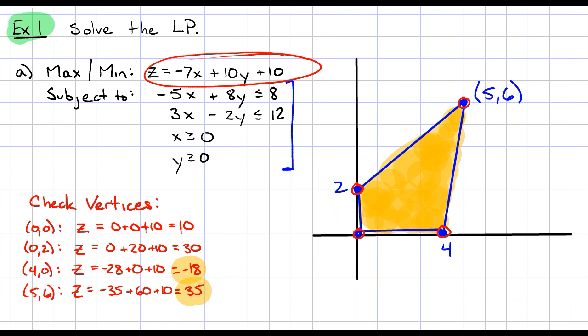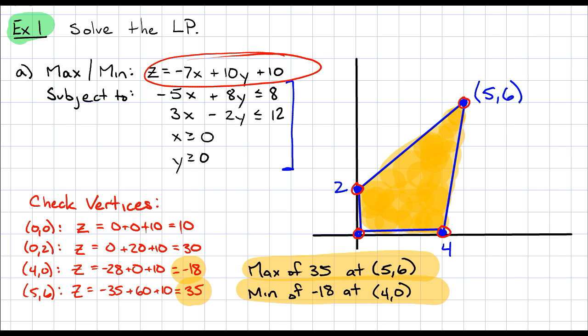So my answer here is: I have a maximum of 35, which occurs at the point 5, 6, and I have a minimum of minus 18, and that occurs at the point 4, 0. Okay, so this is the answer to this linear program.